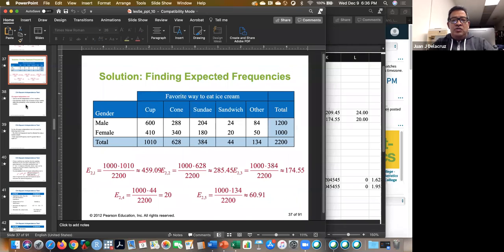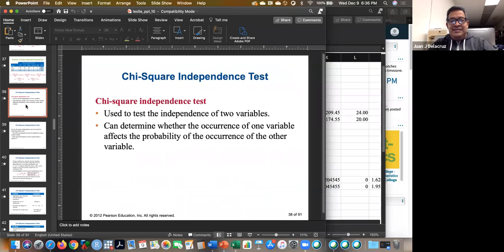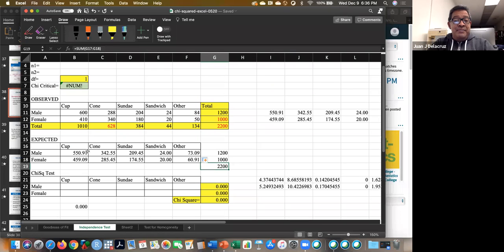In this case, we have the observed, we build the expected, so we have the values for the expected. The chi-square test is exactly the same as before. I'm going to have the observed, subtract the expected, square it, divide by the expected, and then do the summatory of all of them. Remember, this is the observed and this is the expected. So I subtract the expected from the observed, square it and divide it by the expected.